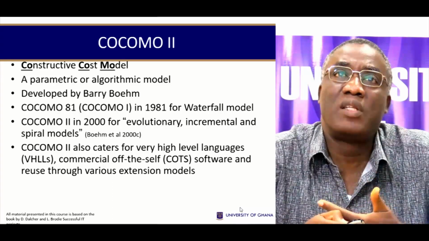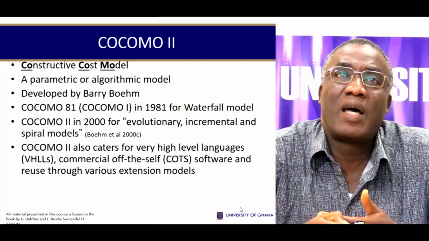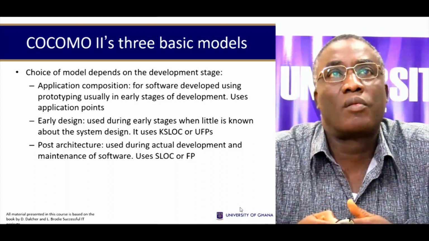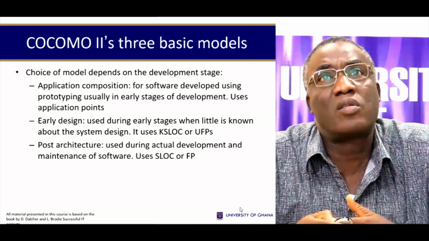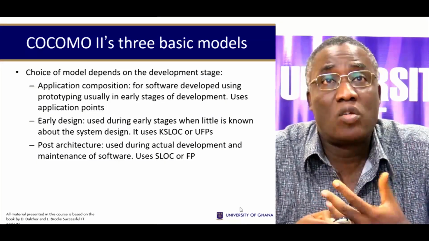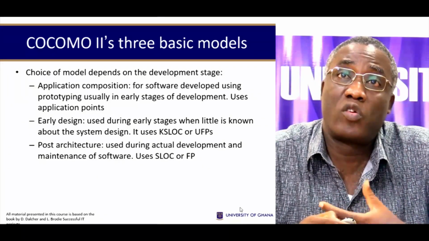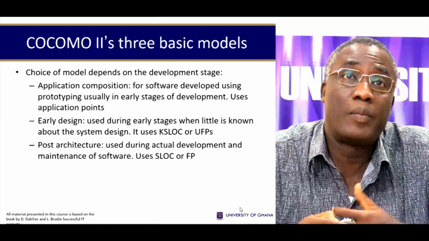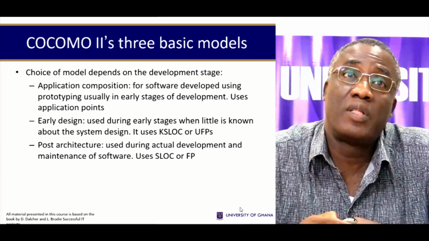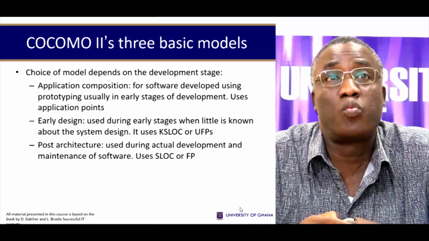So when you go into industry, you know what models are available, and then you have an idea how to use them. There are three basic models, and the choice of the model depends on the development stage in which you are. Application composition is for software developed using prototyping. Usually this is done in the early stages of software development and uses application points.